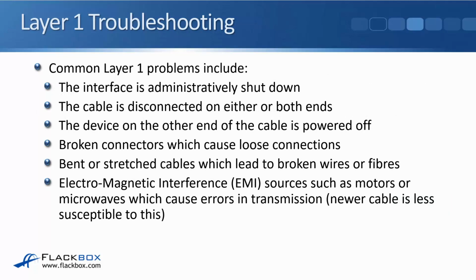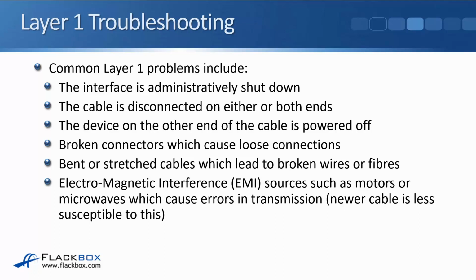Some common layer 1 problems include the interface is administratively shut down. On switches, interfaces are up by default, but administrators can manually shut them down. It's actually best practice to shut down unused interfaces to stop users from plugging devices in there. On routers, interfaces are shut down by default.